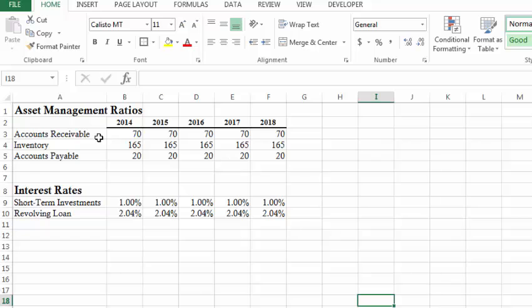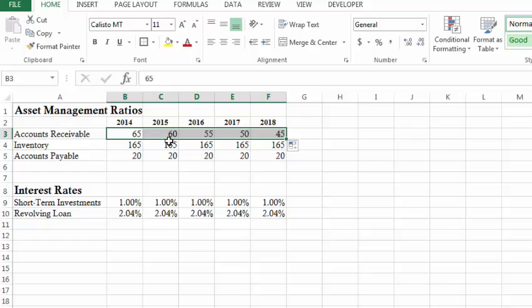The assumptions I'm going to focus on are the accounts receivable, which seem really, really long. They have been 70. So what happens if I reduce that to 65 and then 60, and so on? And then what happens if the inventory goes down by like 10 days per year?